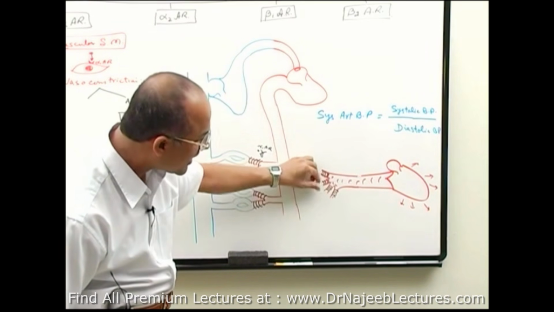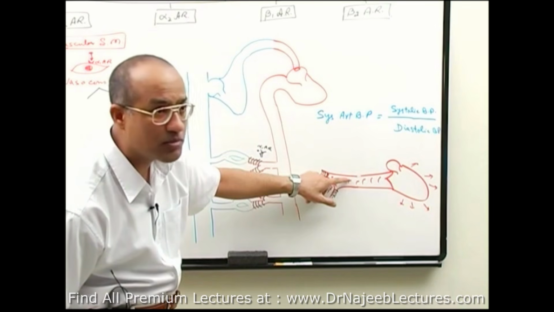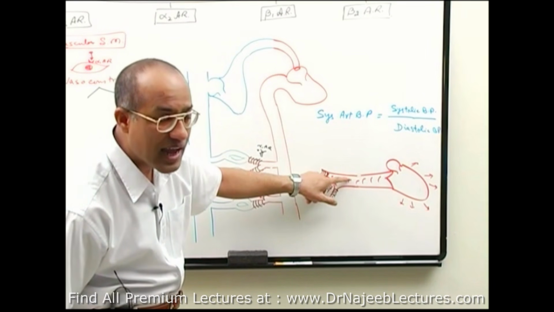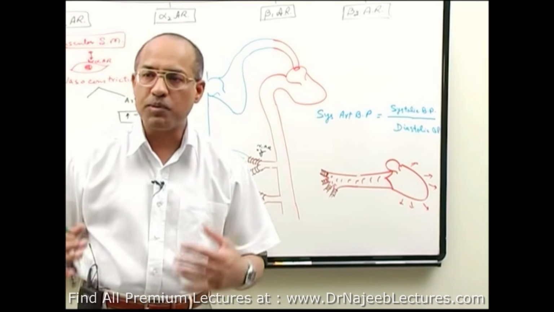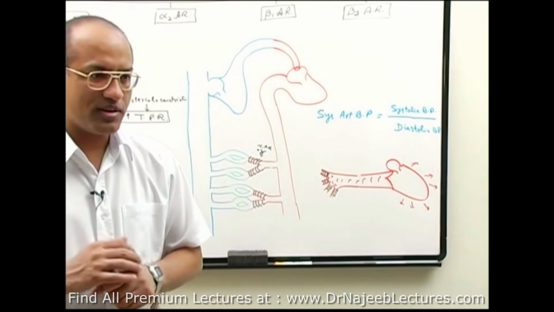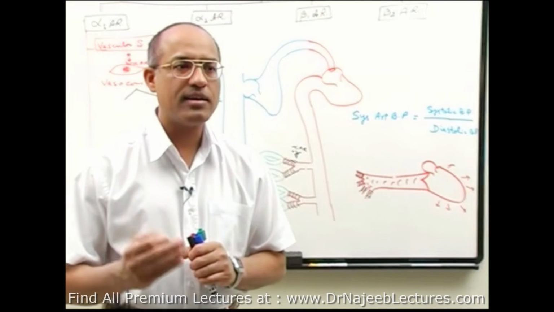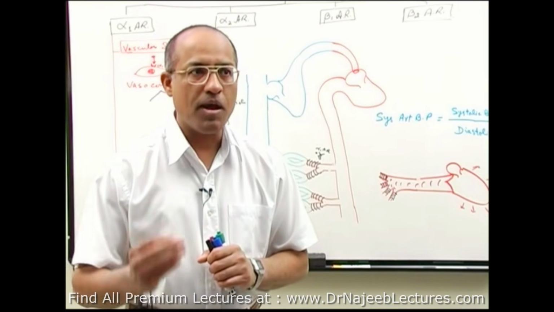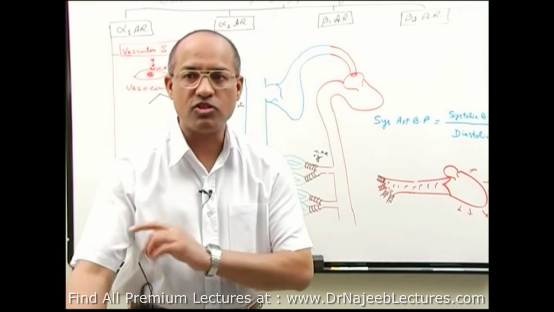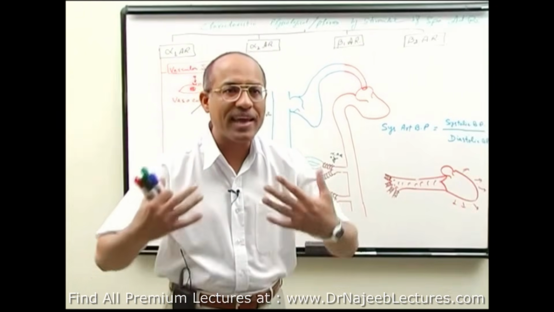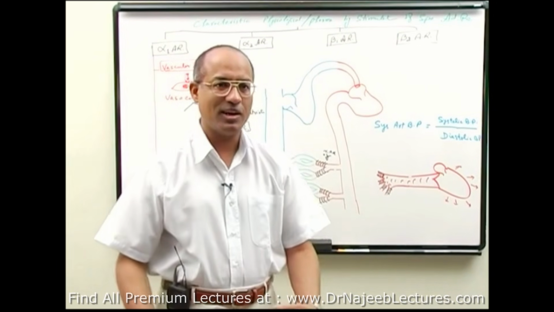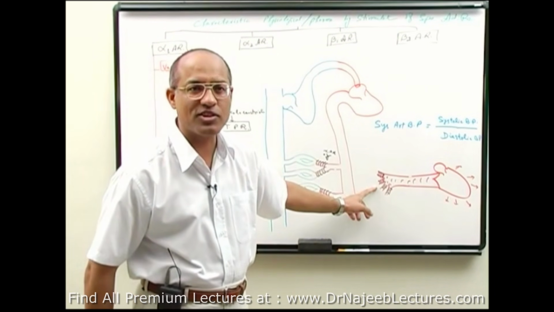But if during diastole arterioles are constricted, a significant amount of blood is trapped here and we say diastolic blood pressure is elevated. The whole purpose of this talk is to tell you that blood pressure maintained in the systemic arterial tree during diastole mainly depends on total peripheral resistance.